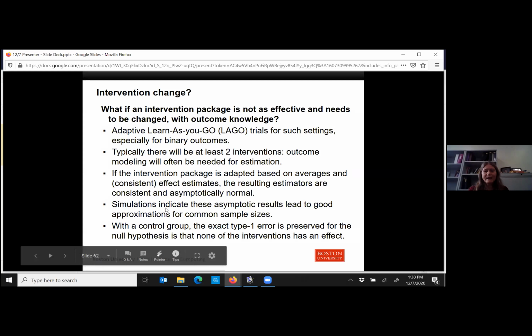And not only that, simulations indicate that these asymptotic results lead to good approximations for common sample sizes. Importantly, with a control group, the exact type 1 error is preserved for the null hypothesis that none of the interventions has an effect.